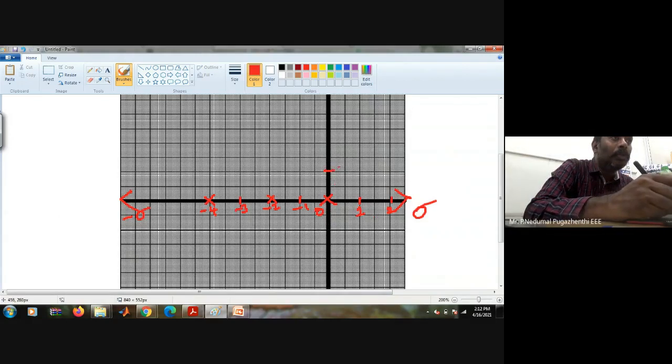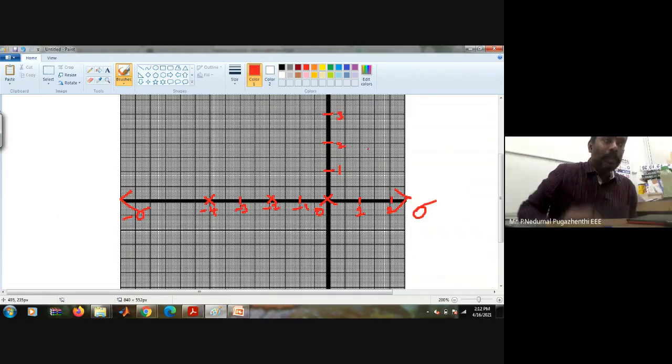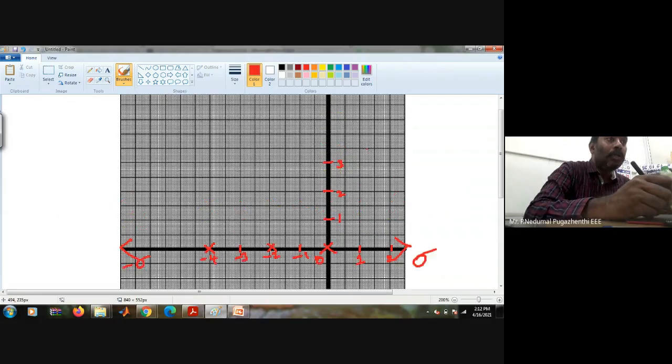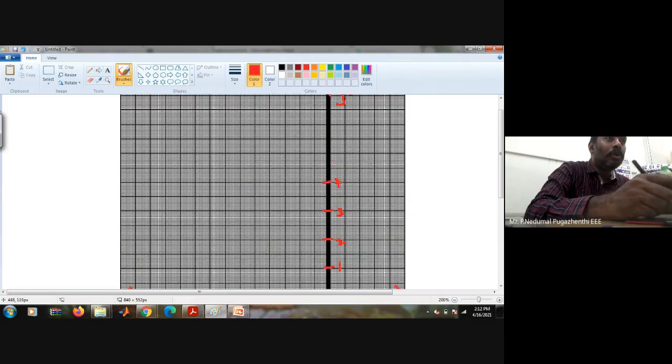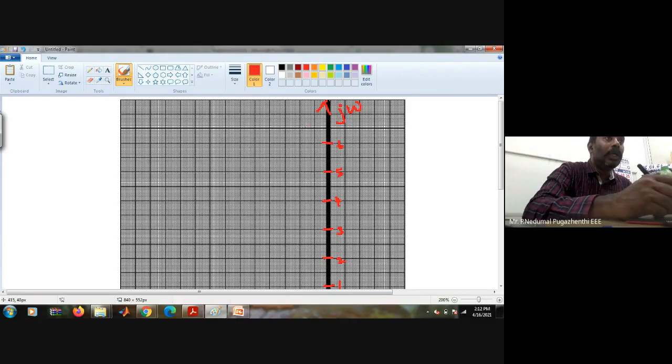This is going to be 1, 2 points, so 2, another point we will have a 3, and let me line them up. Leave 1, you will have a 4, leave 1, you have a 5, leave 1, you have a 6, then leave 1, you have 7.